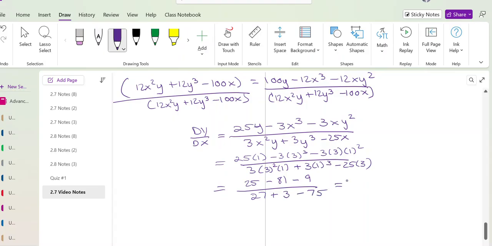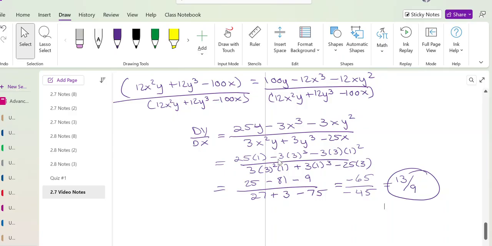So it's negative 65 over 30 minus negative 45, so it's 13 over 9. That is your slope at that point.